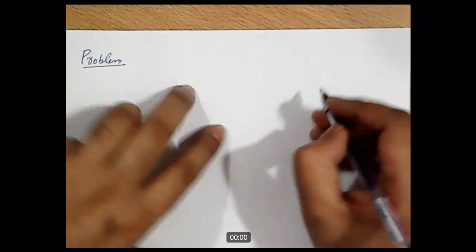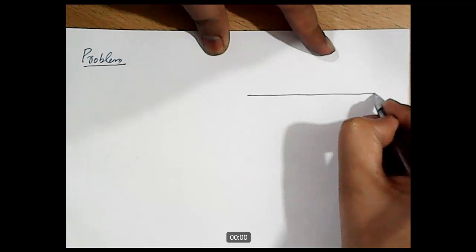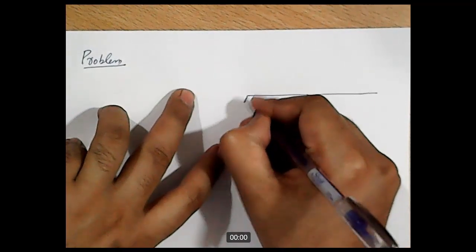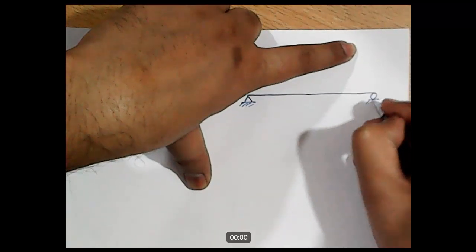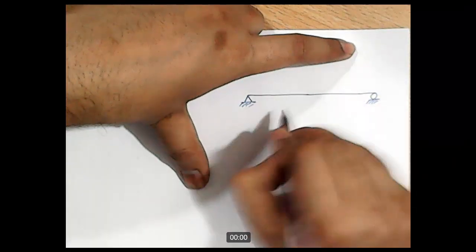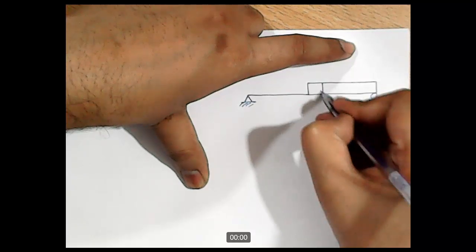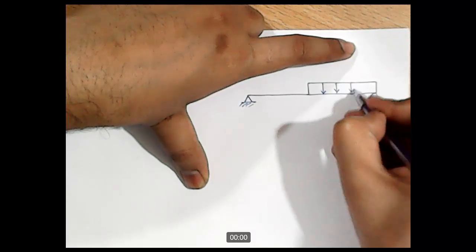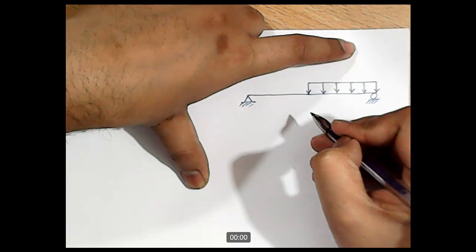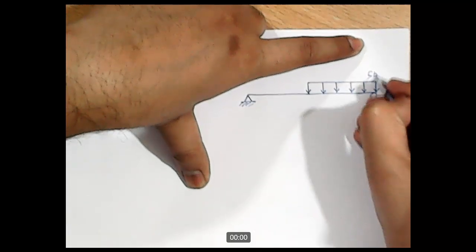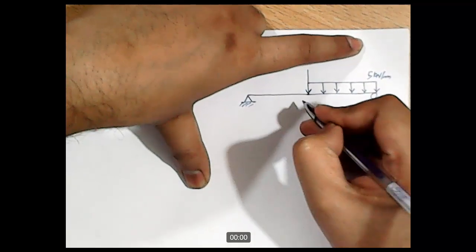So we will consider a simply supported beam. Hinge support on the left side and roller support on the right side, and on half of the span, the half on the right side, is acted upon by a UDL with an intensity of 5 kilonewton per meter, and we have a point load acting at this point as well.